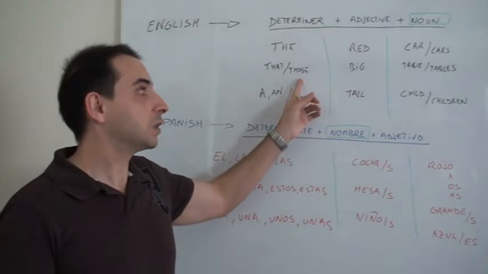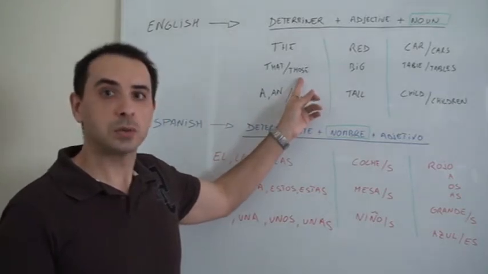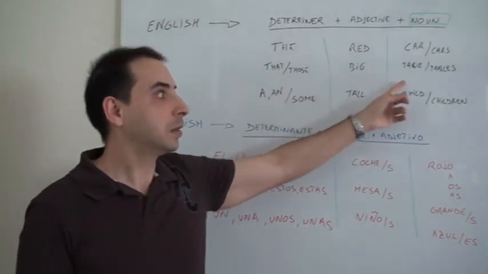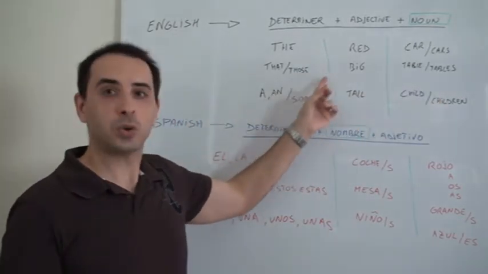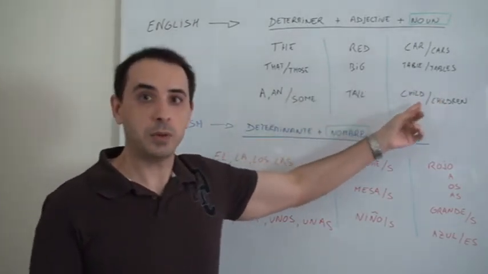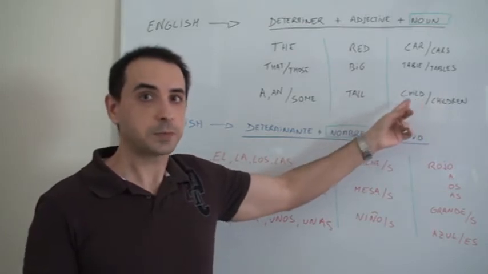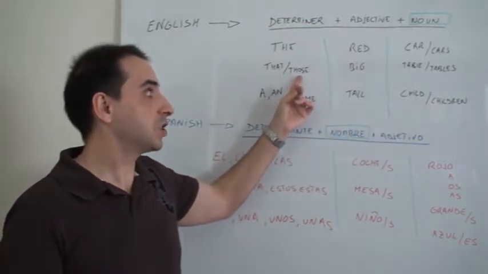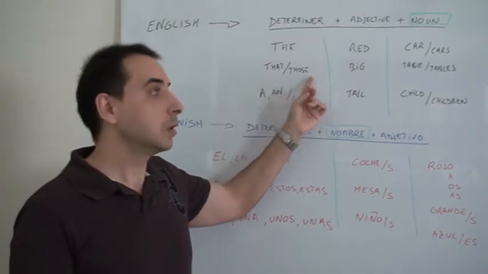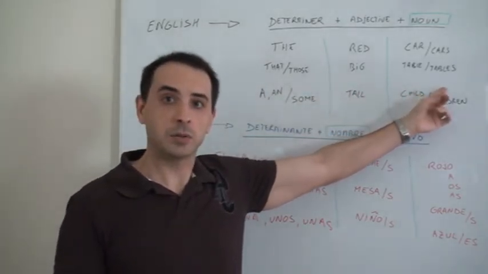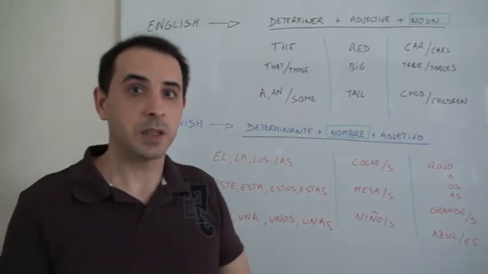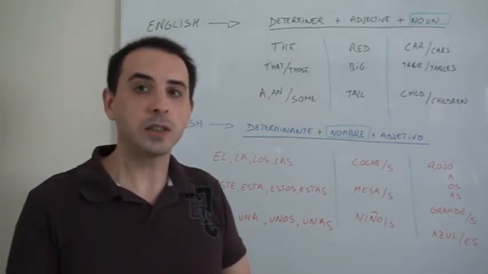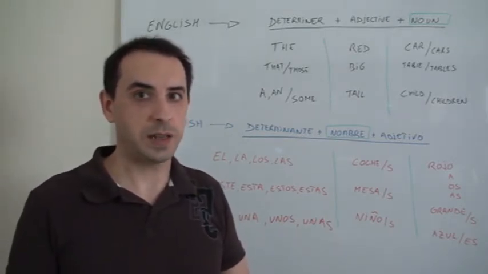But what happens when you say those big tables? You cannot say those big table, because you have to match those and tables. So that concept in English is going to be all the time in Spanish.